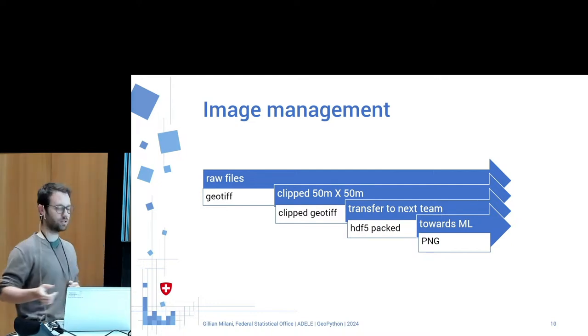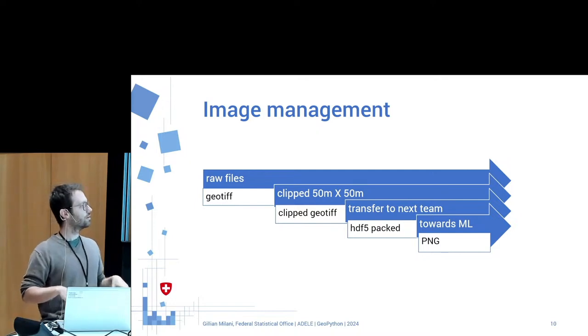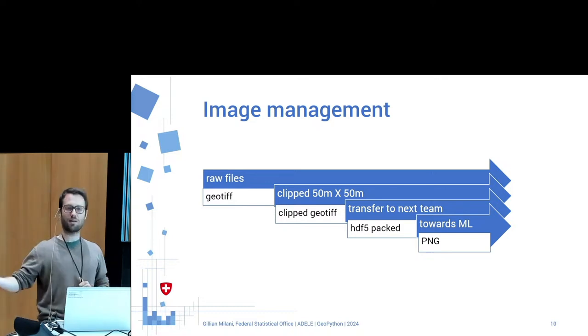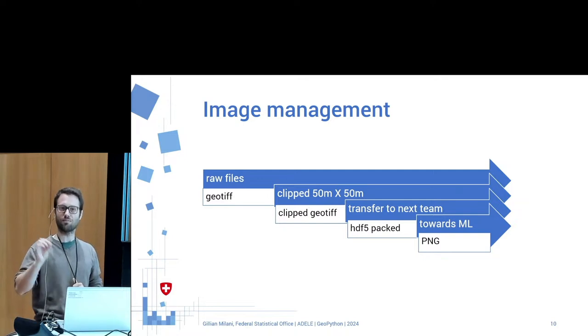So we start with the raw GeoTIFFs that are pretty big, then we cut them into GeoTIFFs of 50 by 50 meters, and then to transfer them to Adrian, we pack them in HDF5 packages, because it was much easier to transfer them over the wire instead of 4 million individual TIFFs.